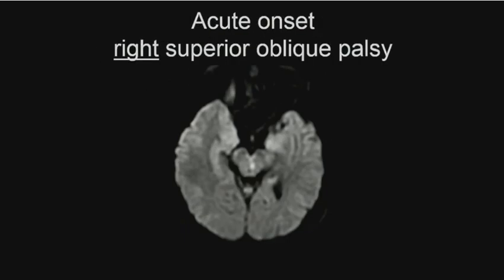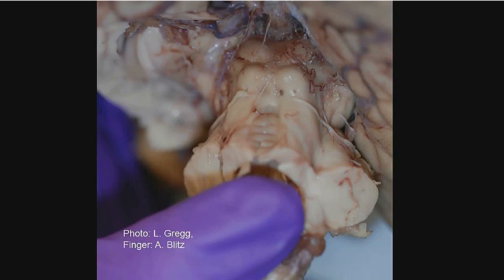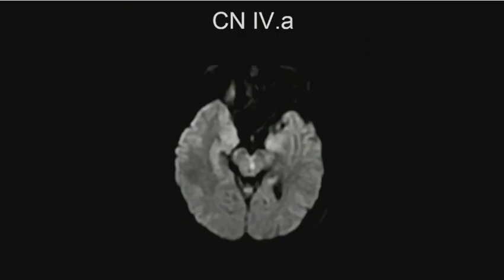So here's a patient with a right superior oblique palsy. They have an area of restricted diffusion in the left midbrain below the cerebral aqueduct. And we know from our knowledge of anatomy, this being a dorsal dissection of the brainstem with the pineal gland, the superior colliculi, the inferior colliculi, we know that the fourth nerves, for instance, arise just caudal to the inferior colliculi, and we can infer from that anatomic knowledge where the nuclei should be and the parenchymal fascicular segment should be.